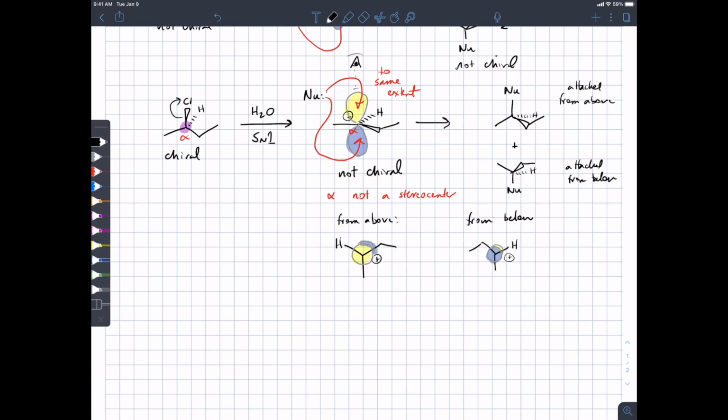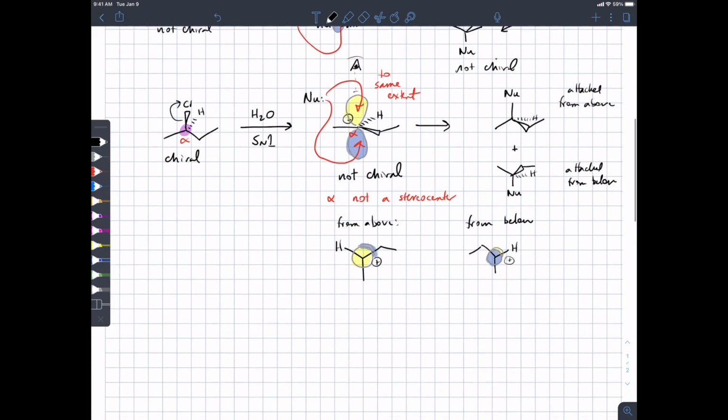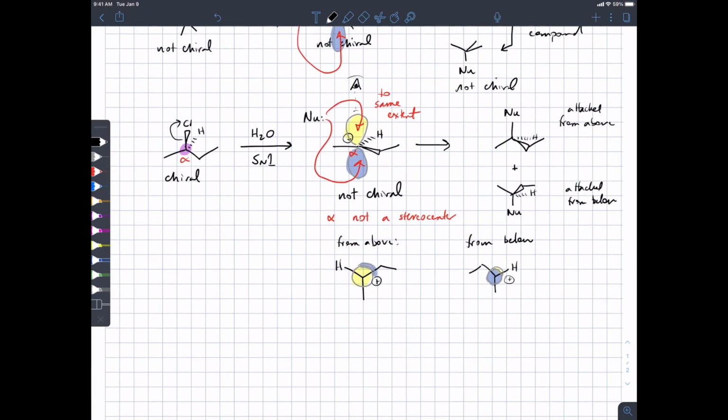Now, a couple of questions about the products that we have formed in this SN1 reaction. Are they chiral? Nodding our heads, sure. You can tell that because there's a stereocenter, though they have opposite configurations.